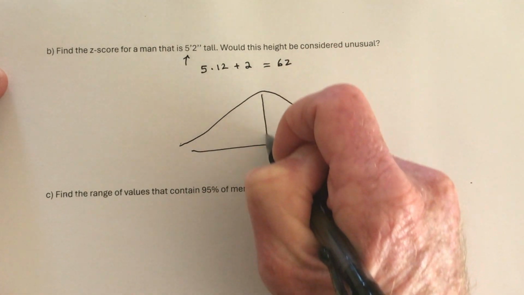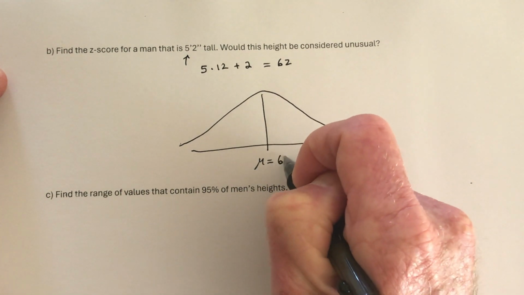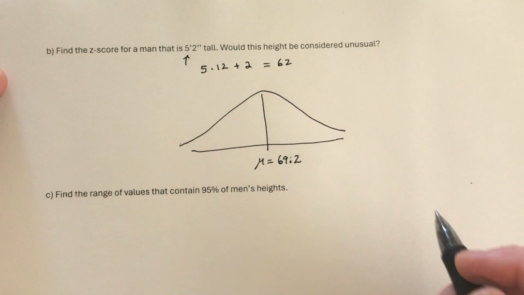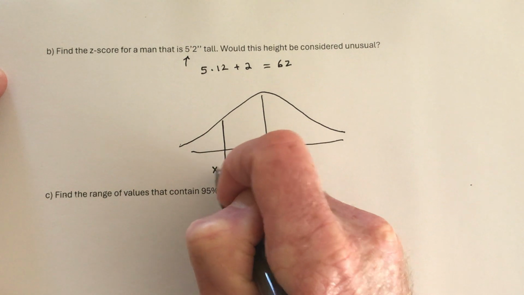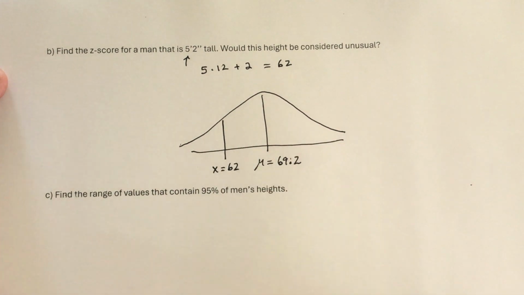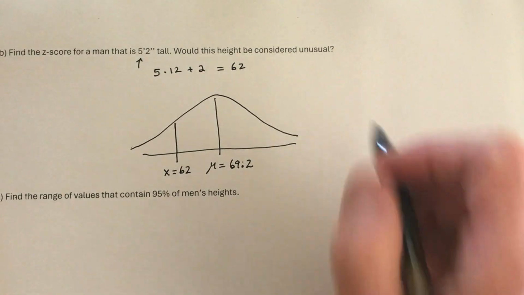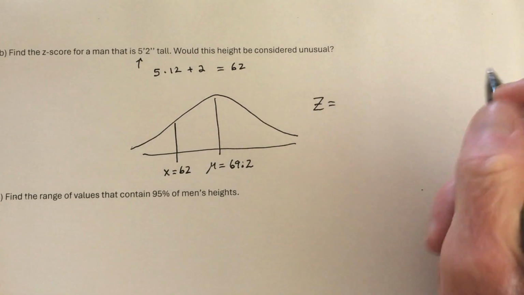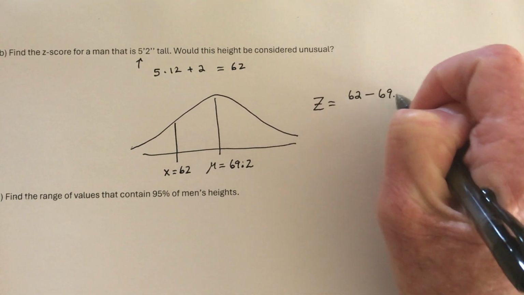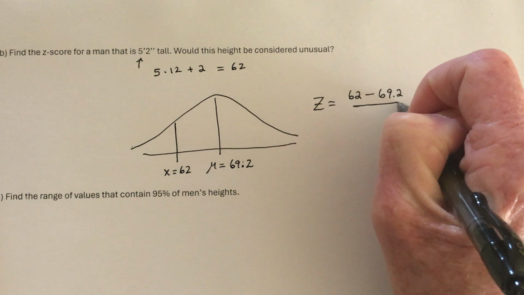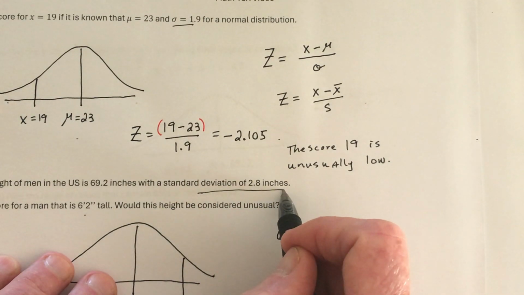In the middle goes the mean, which Google said is 69.2 inches. This 62 would be below average, so this would be x equals 62. Now do the z-score. So z equals the score is 62 minus the mean is 69.2, divided by the standard deviation, which is 2.8.